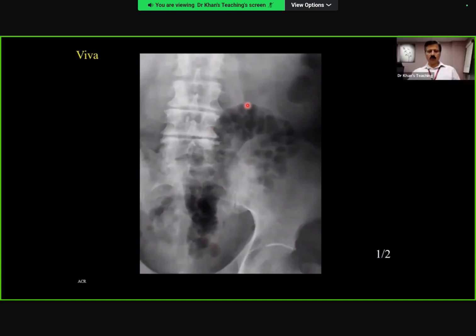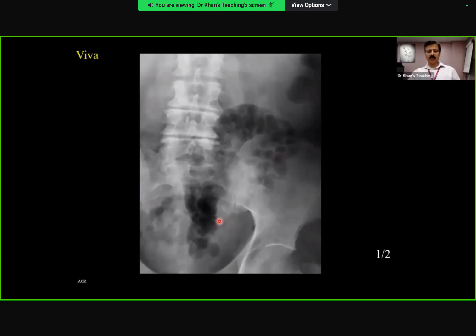Right. So what is this? So could be multiple diverticuli? Okay, if you look carefully, diverticuli will not look like this. These are grape-like bubbles of air, multiple air bubbles, which diverticuli will never project like this, particularly on a plain film.